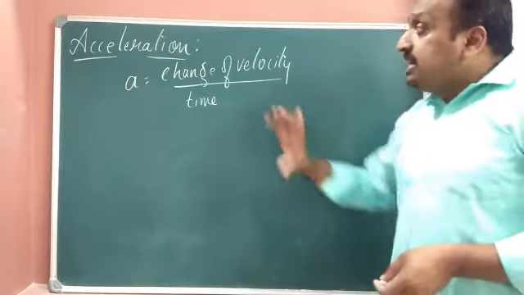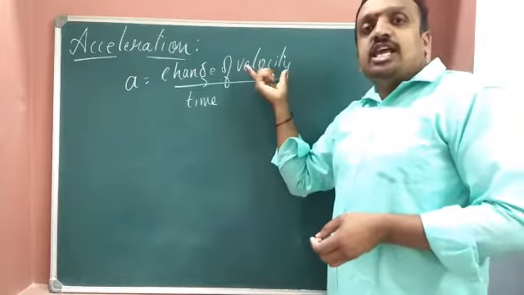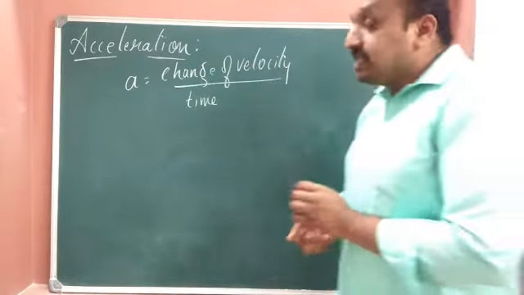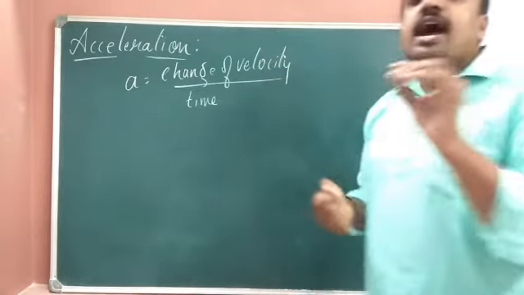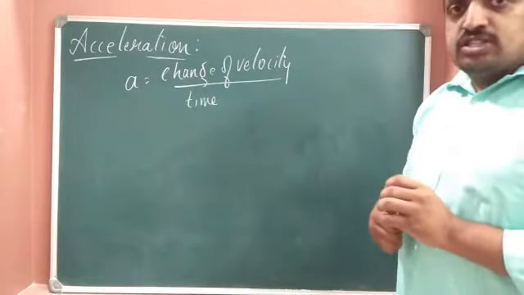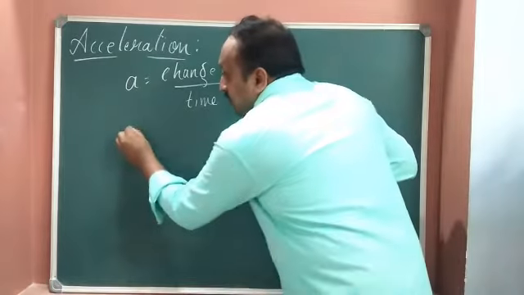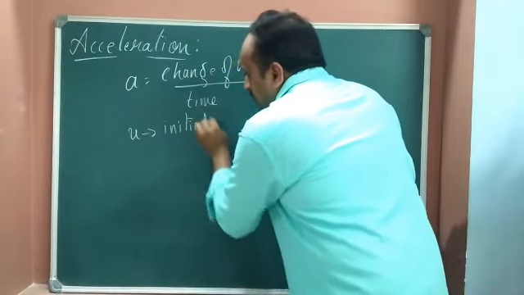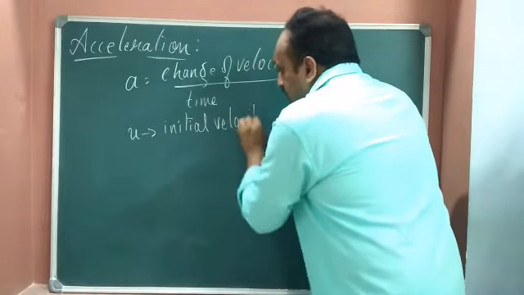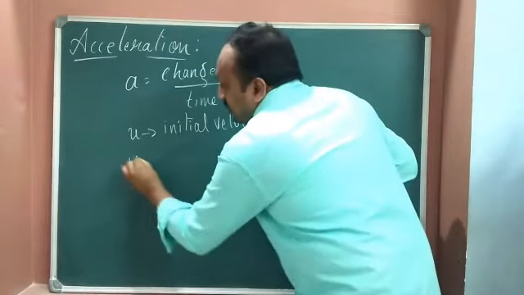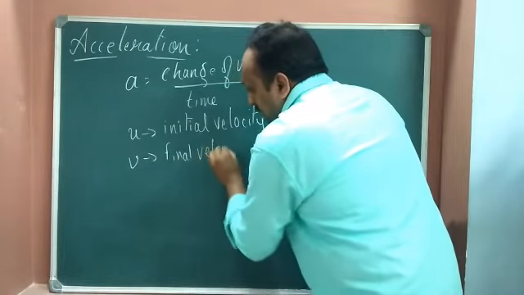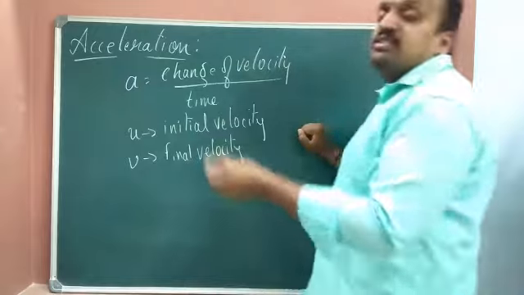If I say there is a change in velocity, then we should have two velocities, the initial velocity and the final velocity. Initial velocity is represented by U, and the final velocity by V. Change means subtract.